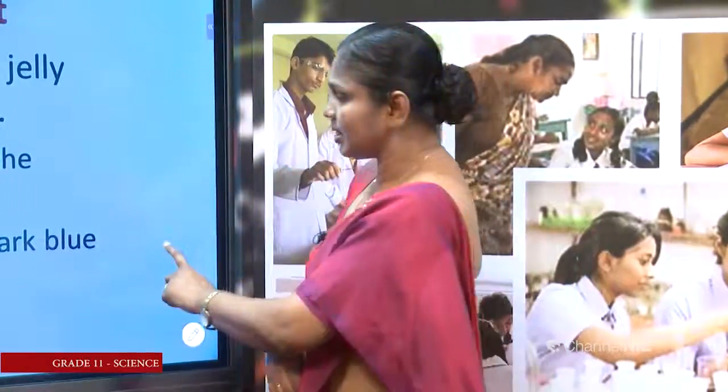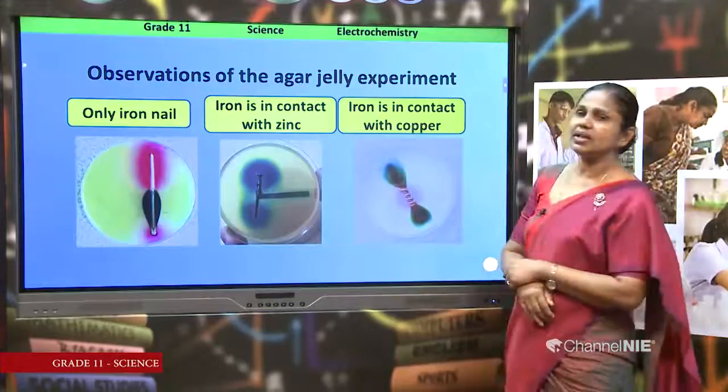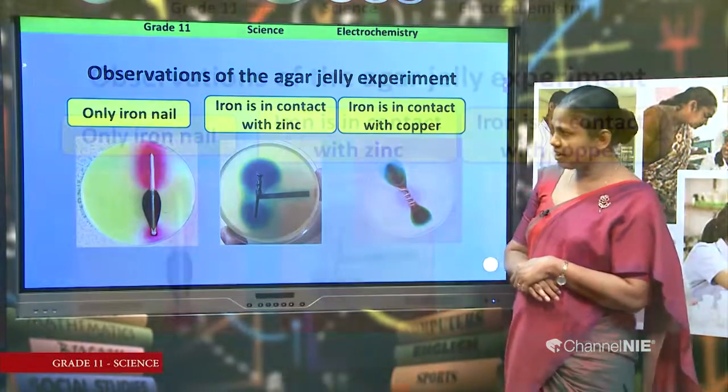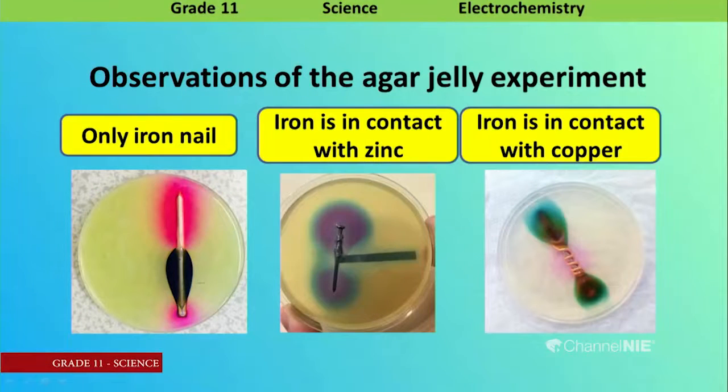Okay, right. Look here. This is the agar jelly practical. See, when only the iron nail is placed in this agar jelly, around one part of the iron nail, pink color has appeared. At the bottom part, dark blue color has appeared.